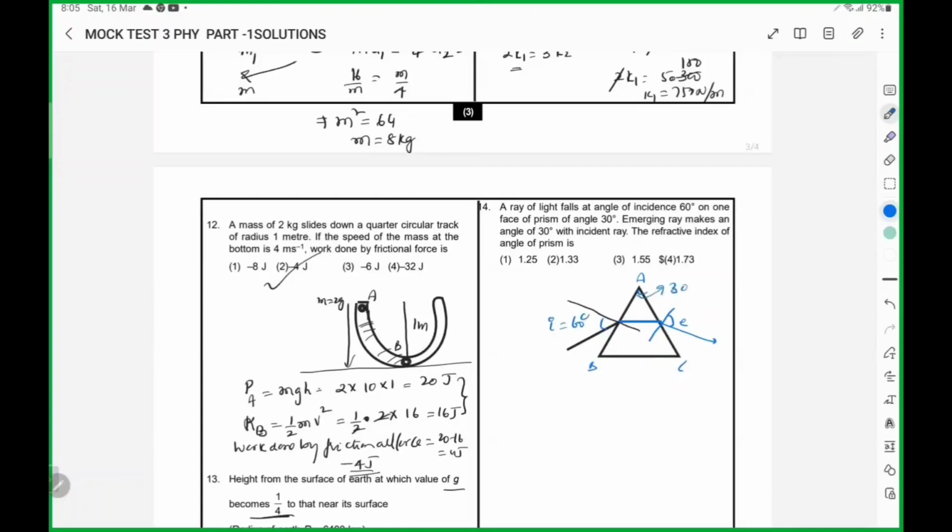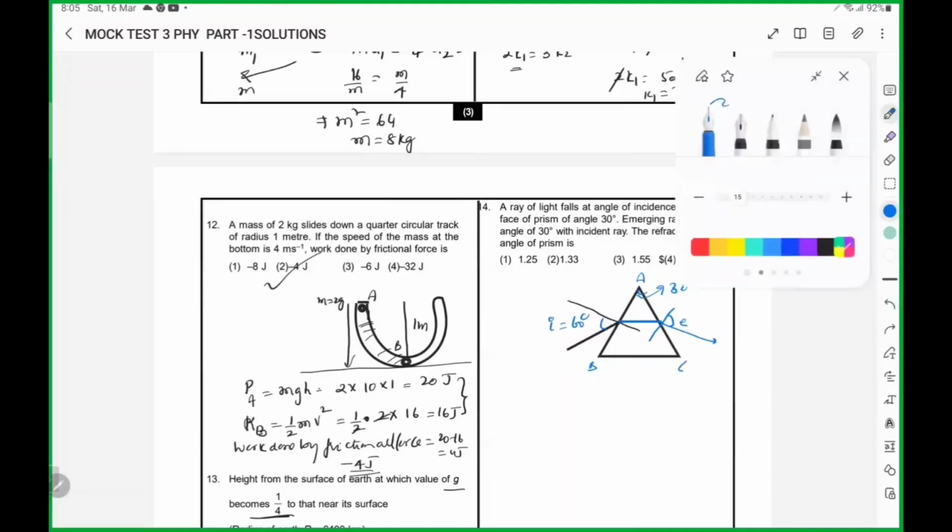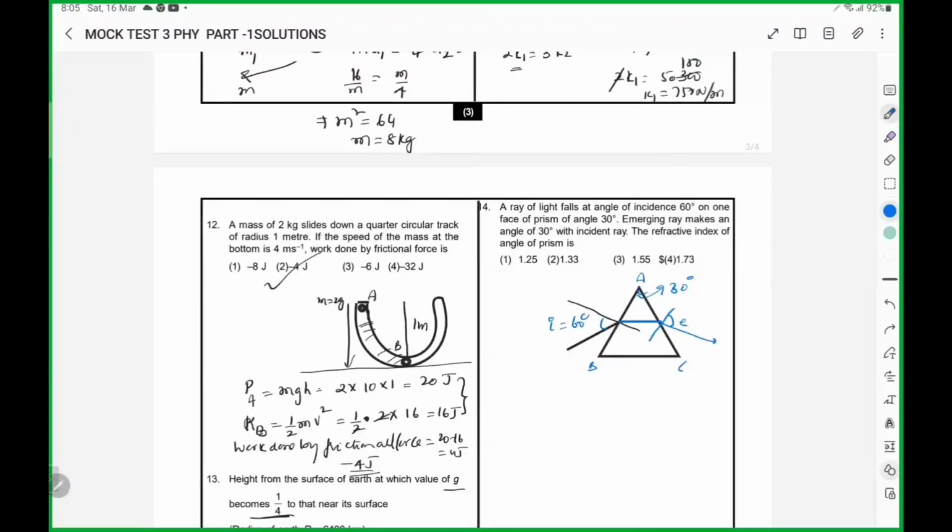He has given this. This is the incident ray, and it is the emergent ray.